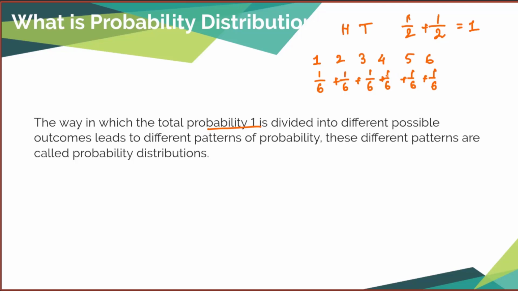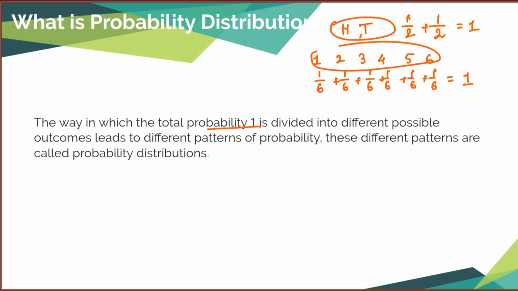If I add the probability of every possible outcome of an experiment, whether tossing a coin or rolling a die, I must get 1.